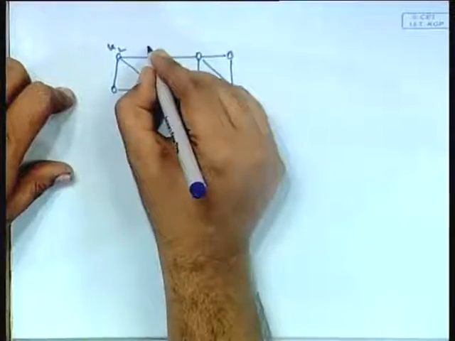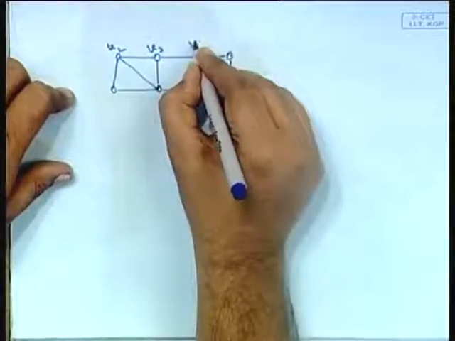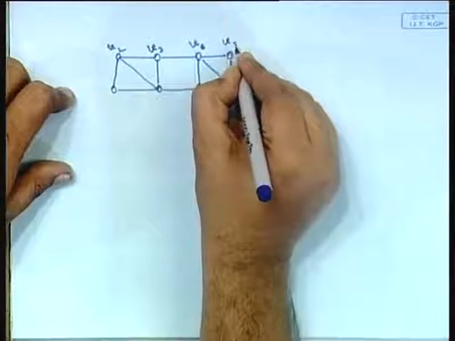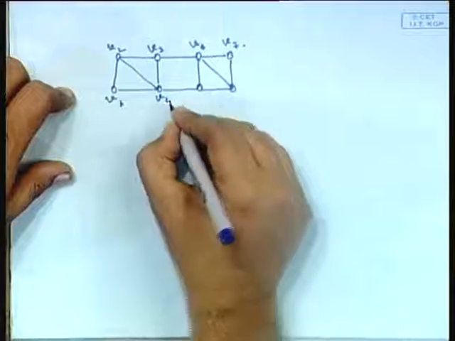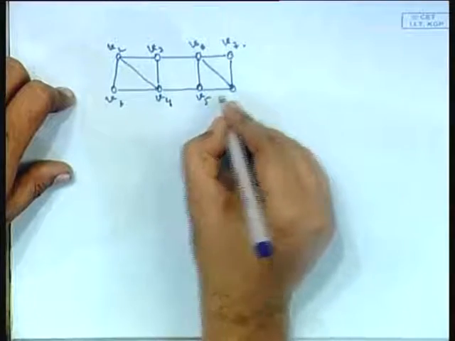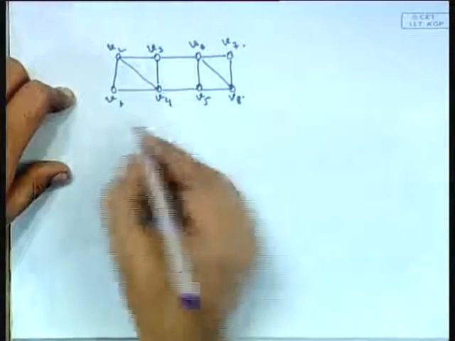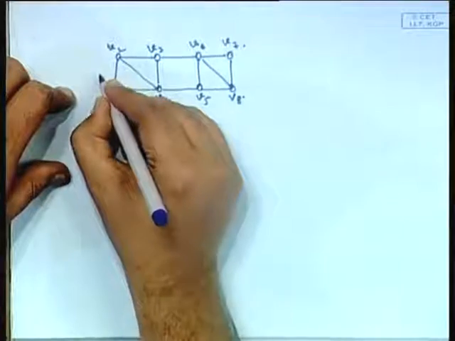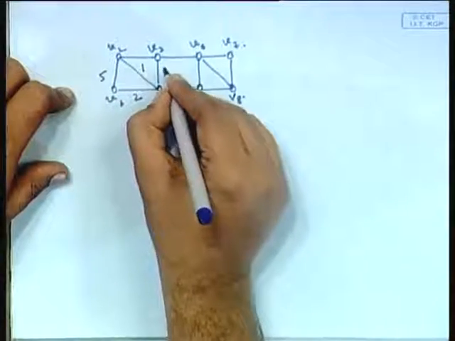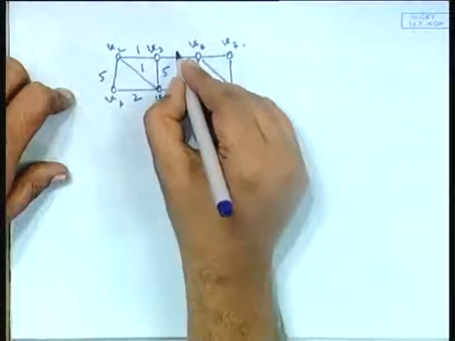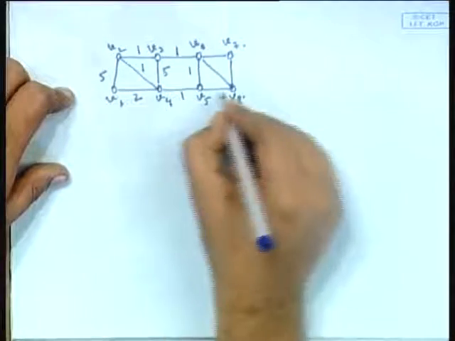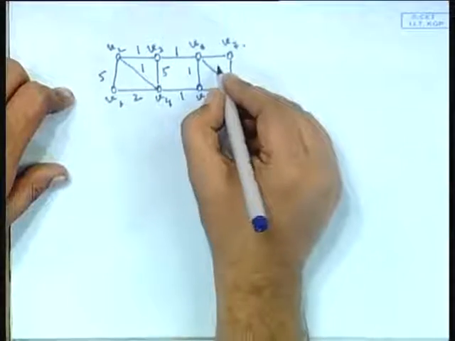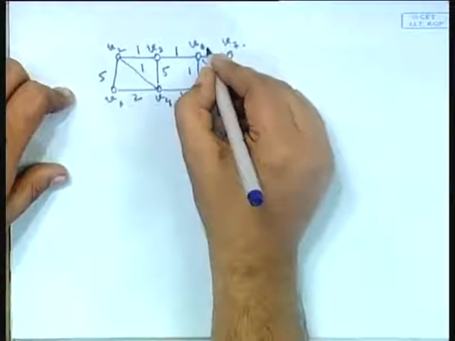V2, V3, V6, V7, V1, V4, V5, V8, with edge weights 2, 5, 1, 5, 1, 1, 1, 1, 3, 1, 1, 2.